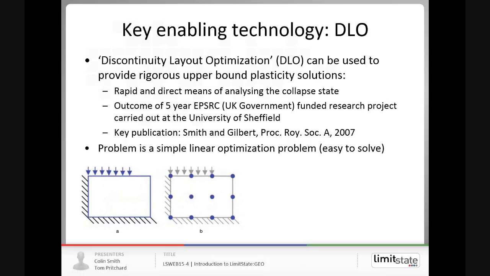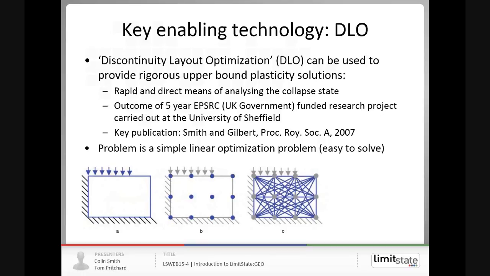So this is not an element-based method, it's a nodal and discontinuity-based method. We then connect every node to every other node with a potential discontinuity. So we have 12 nodes here, so we have 12 times 11 over 2, about 66 connections there.